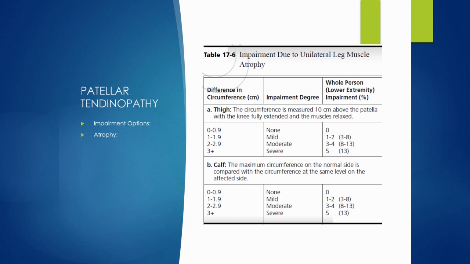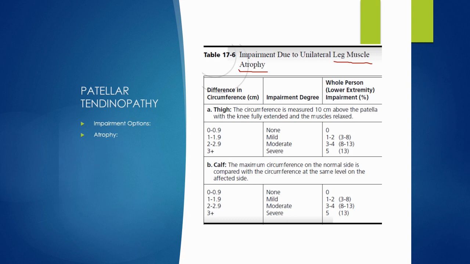In addition to patellar instability and loss of muscle strength, patellar tendinopathy conditions may also qualify for impairment due to another sign of loss of muscle function, which is measured atrophy of the involved quadriceps. So over time, with chronic patellar tendinopathy, the examinee or the employee is going to self-limit the number of repetitions and the amount of loading that they apply to the affected patellar tendon.